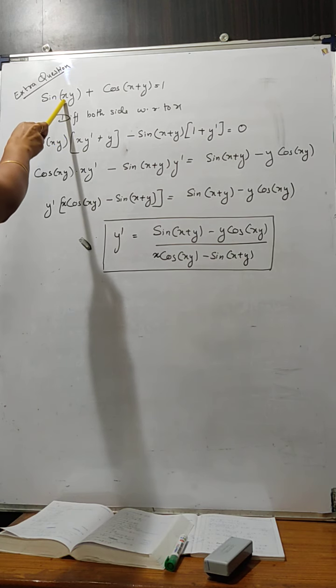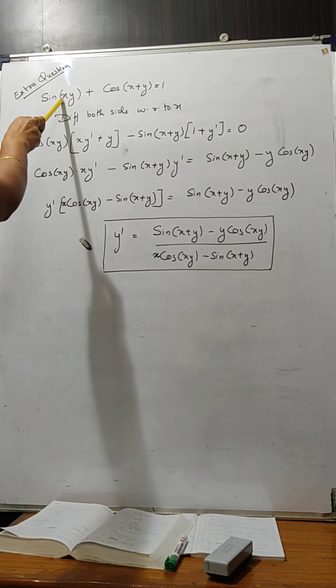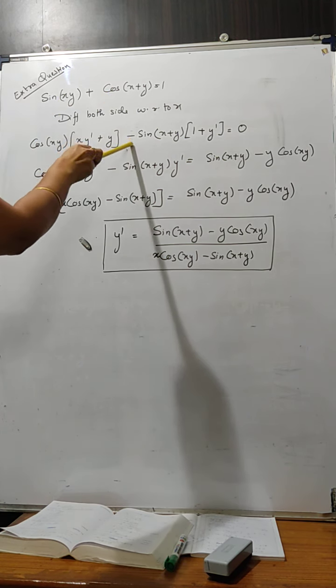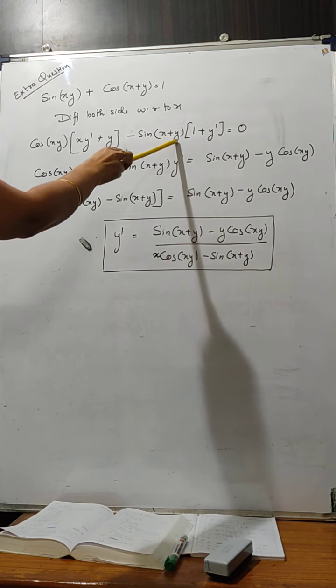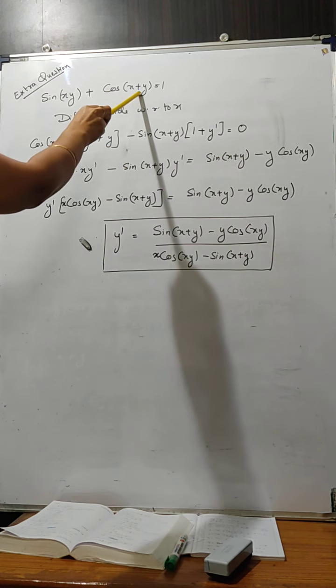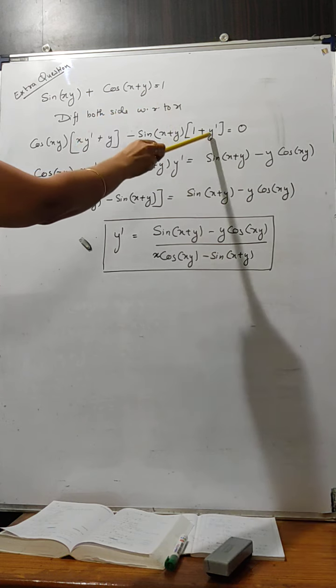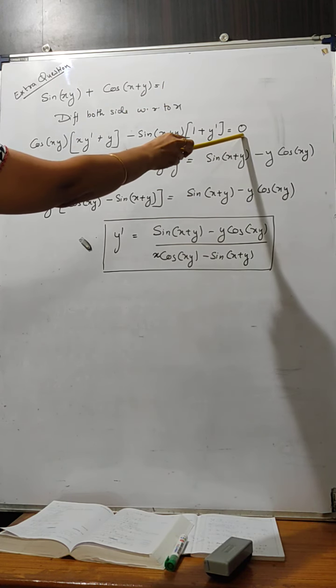Product rule is first function into differentiation of second plus second function into differentiation of first. Minus, because differentiation of cos will be minus sine of x plus y. Now again we have to differentiate this part: differentiation of x is 1 plus differentiation of y will be y dash, equal to differentiation of 1, which is 0.